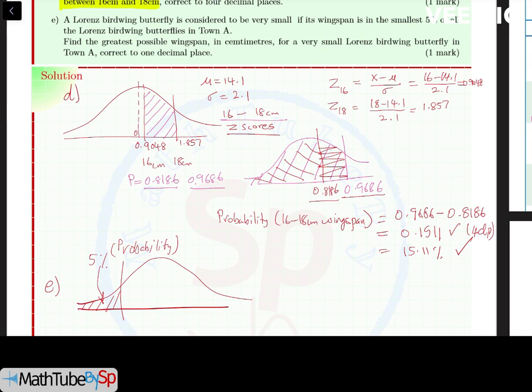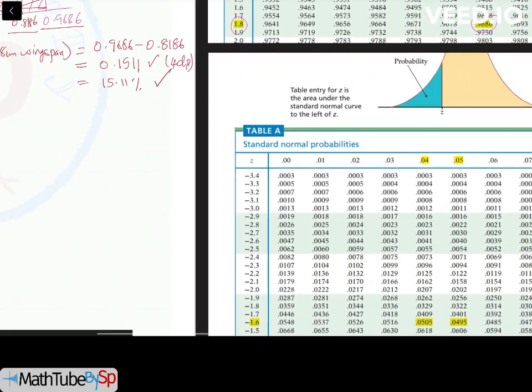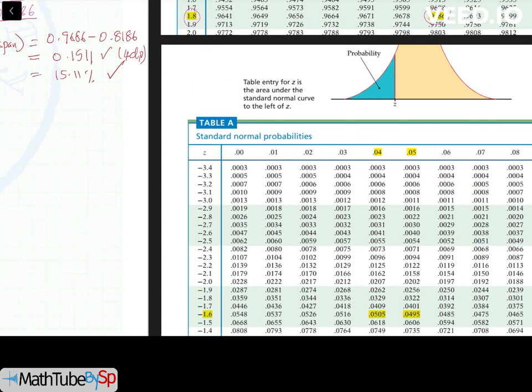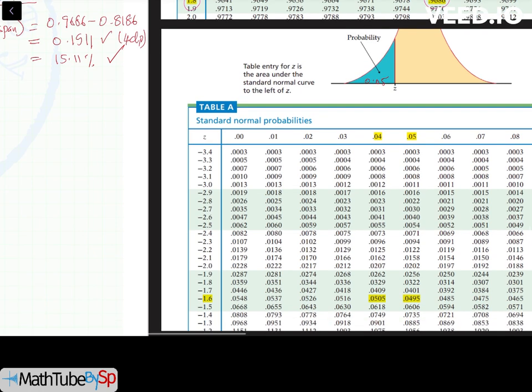For that 5% I need to find the z-score, and then I will convert that to the sample value given to me. So I have to refer to the table which gives me the area. I want this area to be 0.05. For 0.05 I have 0.495 or 0.505, and I could take either.